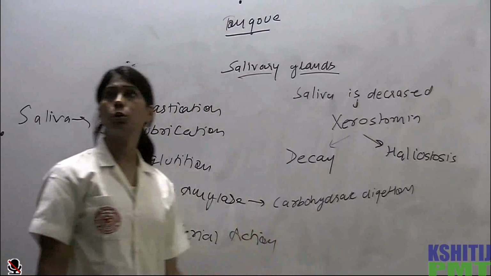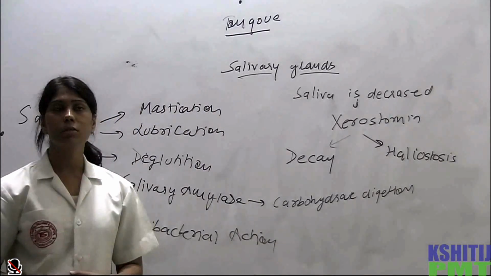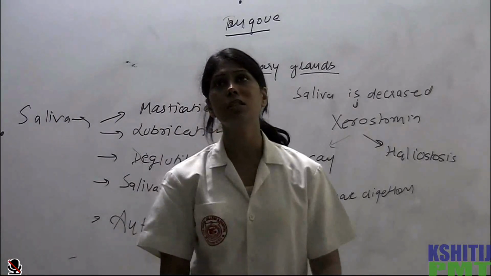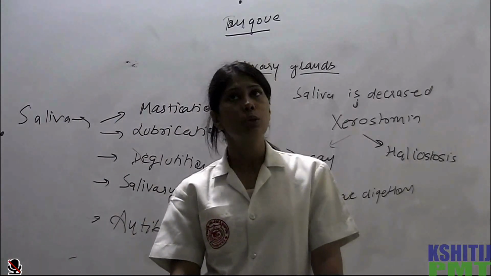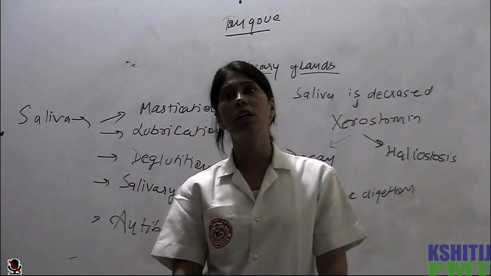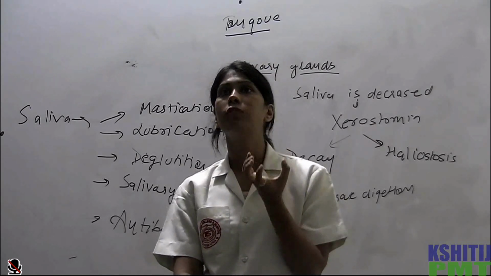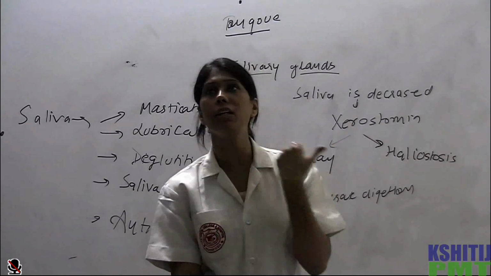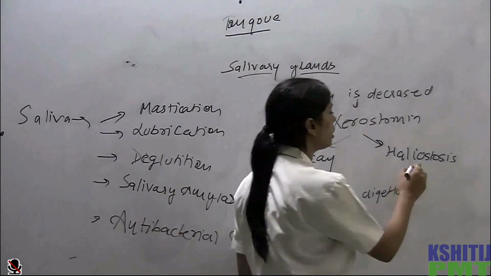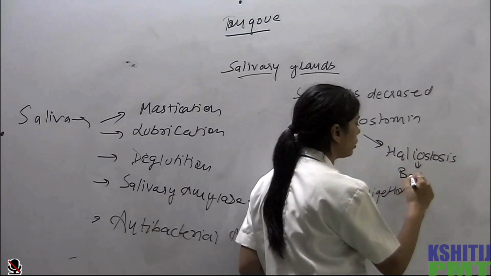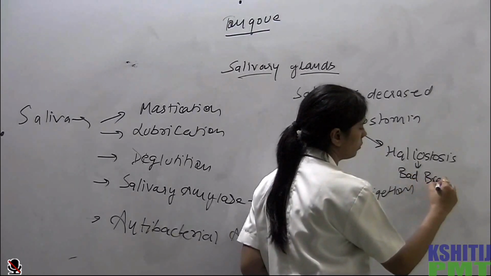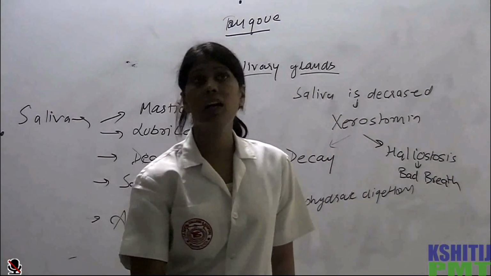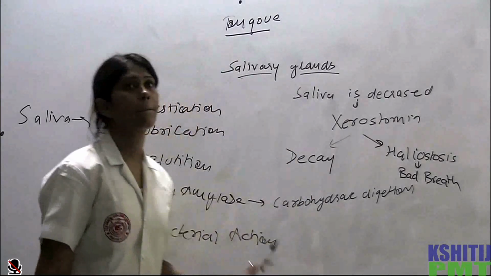Now what is halitosis? Halitosis is bad breath, bad odor which comes from our mouth due to decrease in saliva or due to lodging of food debris, food particles inside our oral cavity. That is called halitosis. So basically, halitosis is bad breath. Clear everything?